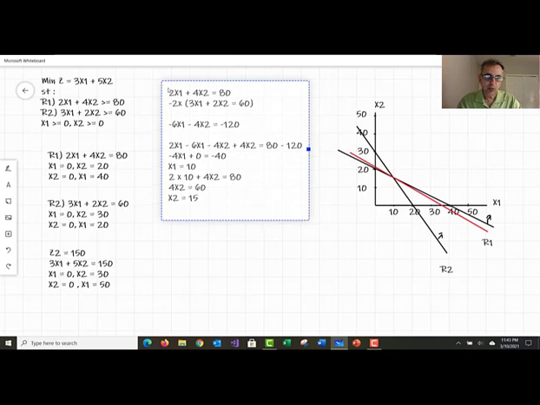So the optimum point is x1 equal to 10 and x2 equal to 15, and the z value is going to be 3 times 10 plus 5 times 15, which is equal to 30 plus 75, or 105. And that is my optimal solution for this minimization problem.